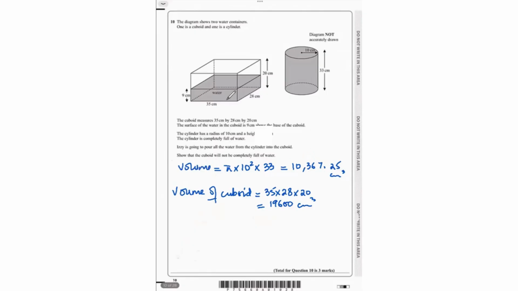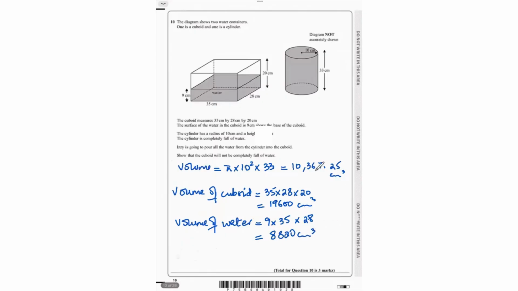They want us to show that the cuboid will not be completely full of water. So if you find the volume of the water in the cuboid, that's going to be 9 times 35 times 28. That equals 8,820 centimeters cubed.